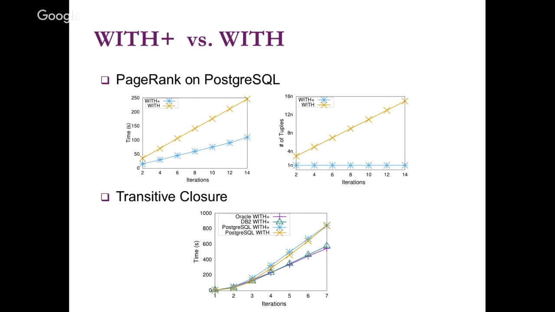And here finally we compare the original WITH and our enhanced recursive query for PageRank on Postgres and transitive closure.